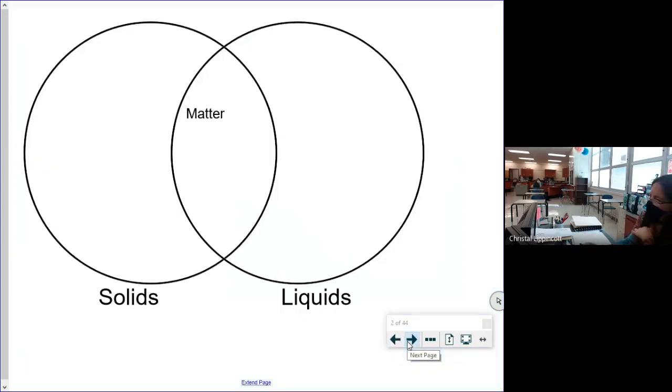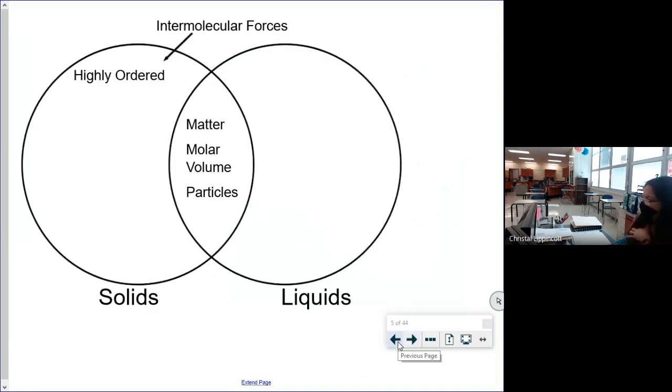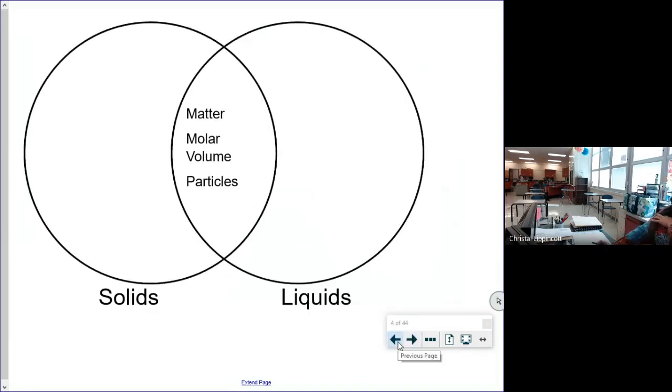When we have solids and liquids, you got a Venn diagram in your note packet. They are both matter. They both take up volume. They all have particles. So those are the similarities we can see in our Venn diagram.